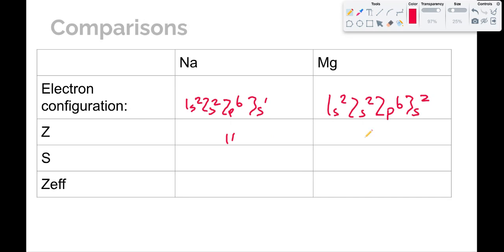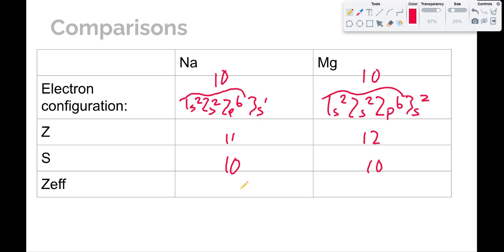For magnesium, it's 12. The number of shielding electrons, those are the electrons that aren't in the highest shell. So in that case, that's all the 1s and 2s, and that's 10, which is the atomic number of the previous noble gas. It's the same thing for magnesium. All the 1s and 2s add up to 10 electrons. So the number of shielding electrons in both cases is 10.